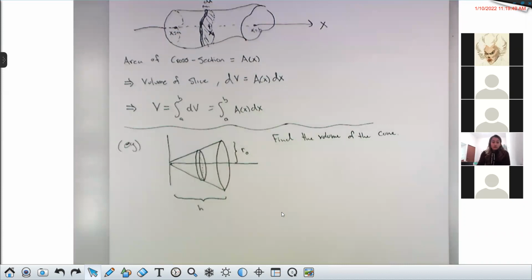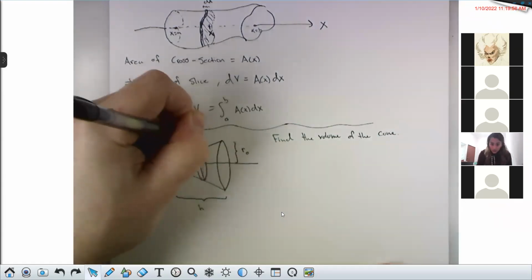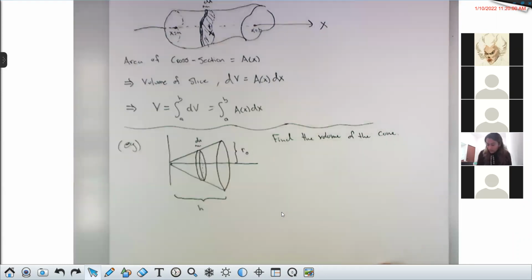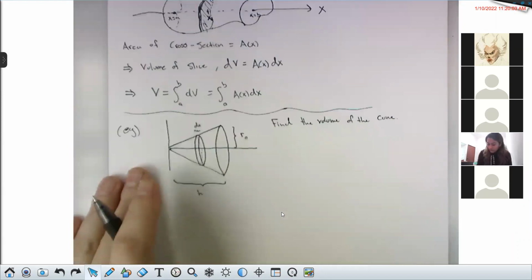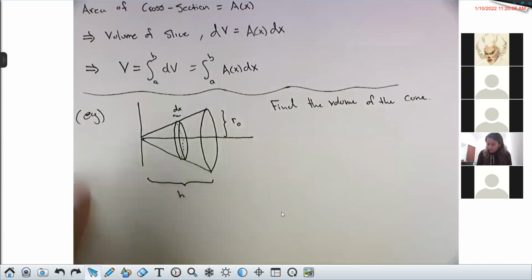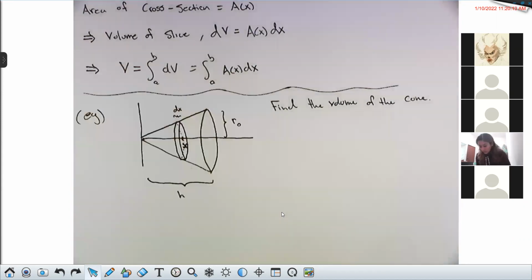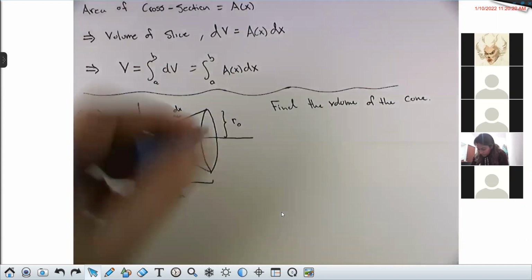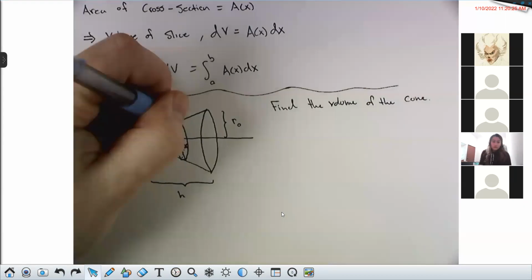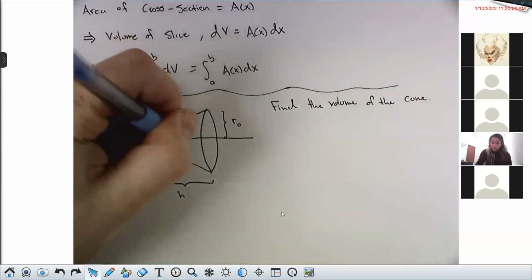That's the origin of the other name for this method, the disc washer method. I think of this disc as having a thickness dx, just a tiny little differential thickness, and I think of it as being along the x-axis at an arbitrary position, which I will label as x. So then the other thing I need is the cross-sectional area, right? I need to know the area of this slice.